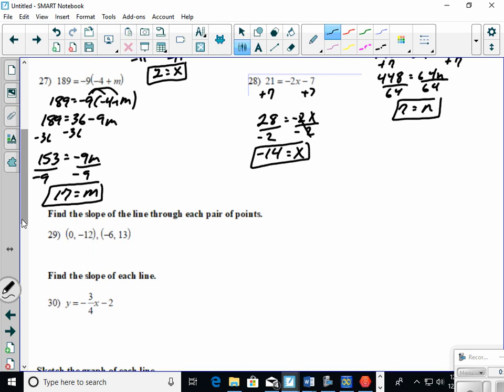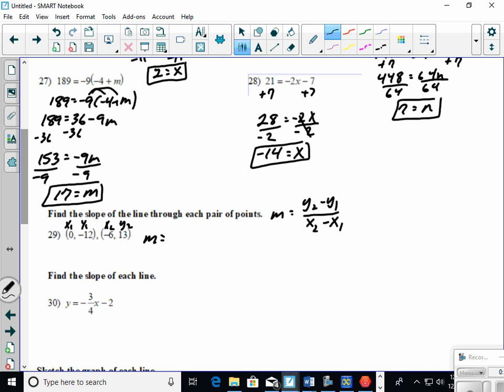All right, 29, find the slope of the line through each pair of points. So this one we're using the slope formula: y2 minus y1 over x2 minus x1. I'll write x1, y1, x2, y2 just to make sure we don't mess up the order.